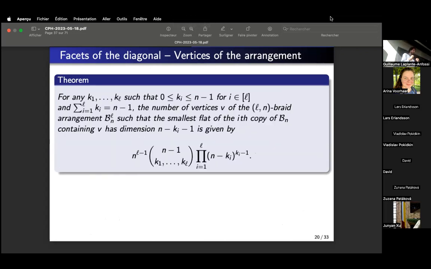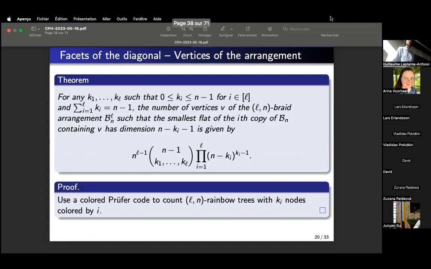And this formula can even be refined by the same technique. If you want to know not only the facets of your diagonal, but also all the faces of the diagonal, these are families of faces of the polytope.